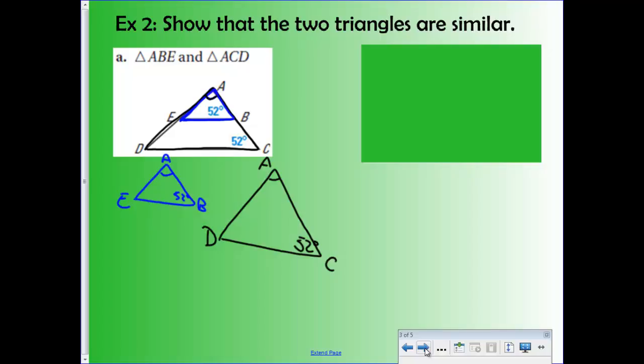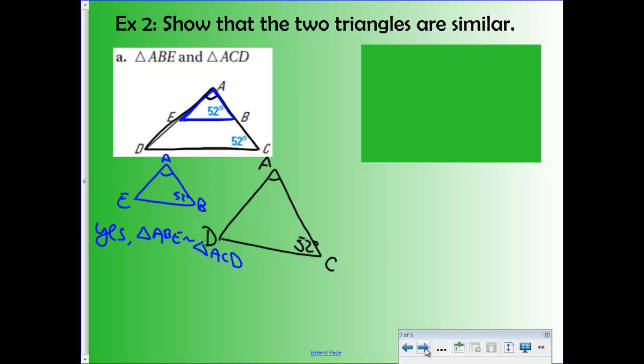No, we don't know how big they are, but we do know that they're the same. So I'm going to put congruent marks in there to show they're the same. So if I have two angles and those two angles are the same, that's enough to tell me that yes, they are similar. So I can say yes, triangle ABE is similar to triangle ACD.